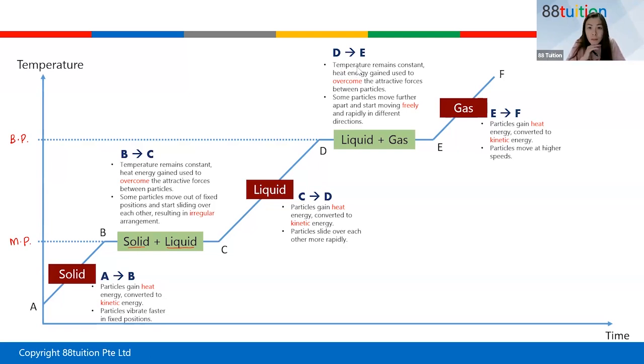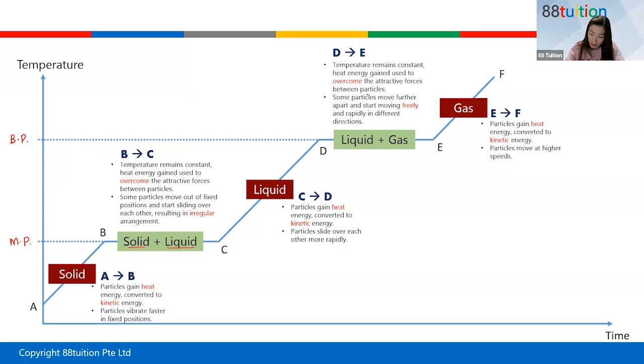Explanation is very important in the assessment. They will ask you, why does temperature remain constant, or how come there's continuous heating but the temperature doesn't go up when there was a change in state? You have to explain using this.